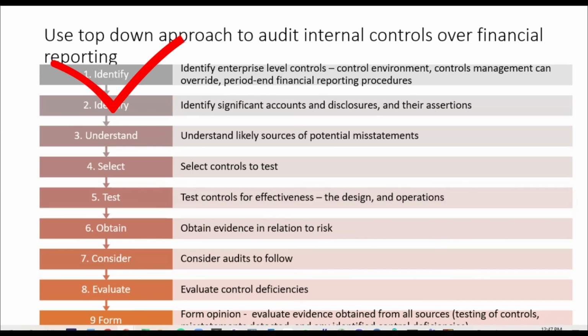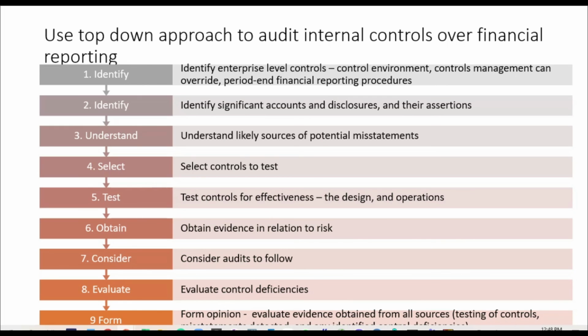Second is to identify significant accounts and disclosures and the assertions that go with them. Third is to understand the likely sources of potential misstatements. Fourth is to select controls to test.